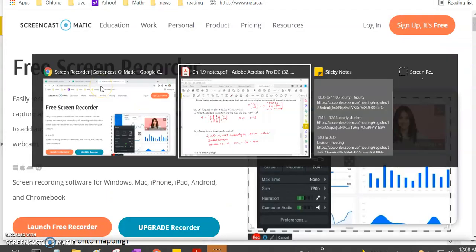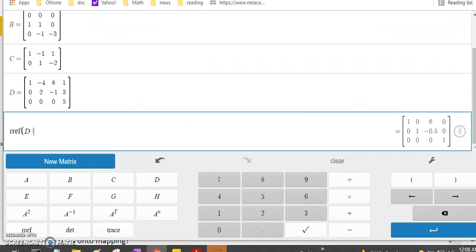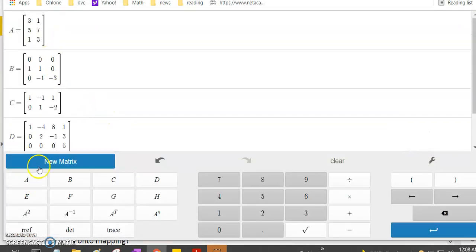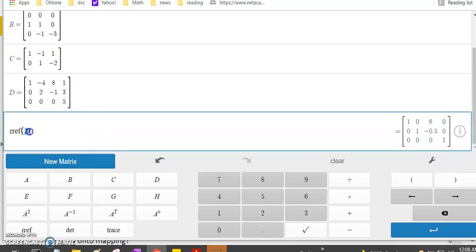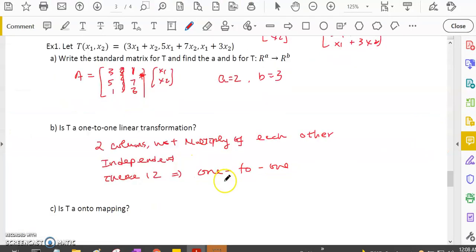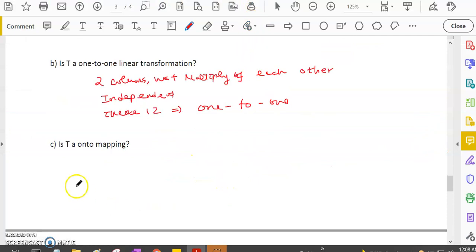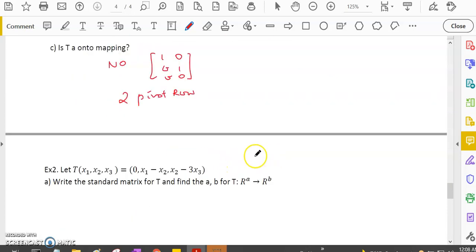So let's row reduce A, 3 5 1 1 7 3. It becomes 1 0 0 1 0 0. We only have 2 pivot rows, so not every single one. So it's not onto.